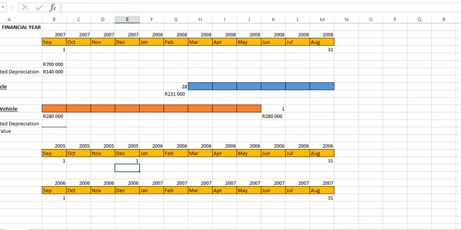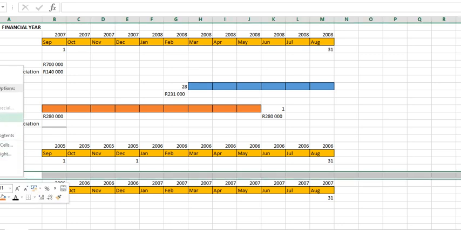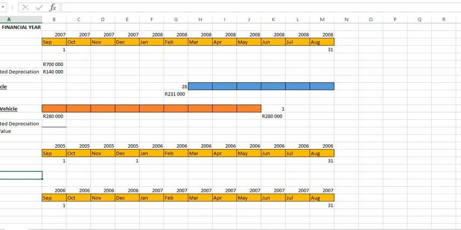What we do have is when we bought this vehicle originally: on the 1st of December 2005, at a cost price of 280,000 Rand. So in order to get the accumulated depreciation as at the beginning of our current financial year, in other words the beginning of September 2007, we need to calculate the depreciation up until that date.